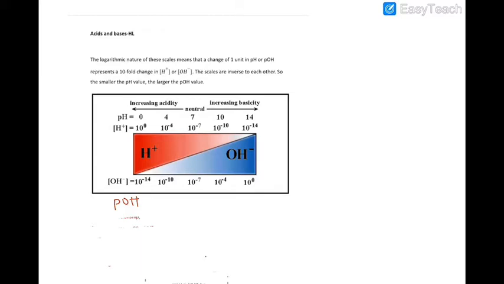So pH goes from 0 to 14, and at 0 we have very high acidity, 14 we have high basicity. pOH also goes from 0 to 14, but 14 has high acidity and 0 has high alkalinity. And both will have 7 as neutral pH.